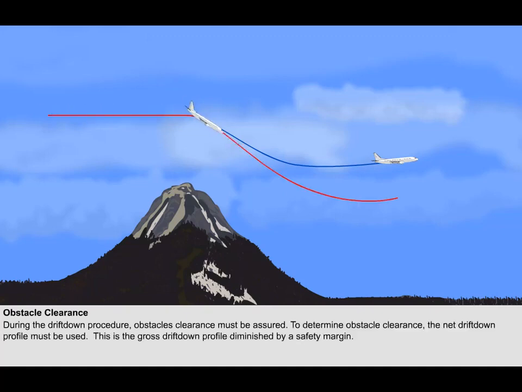When planning routes and planning the flight profile, it is not the gross flight profile that must be assumed, but rather the net flight profile. In other words, the flight profile must be made worse by a safety factor. This safety factor is based on assuming a gradient of descent that is worse than the aeroplane can actually achieve.